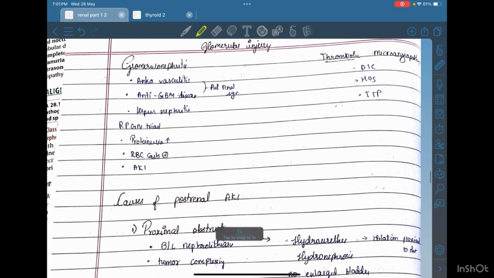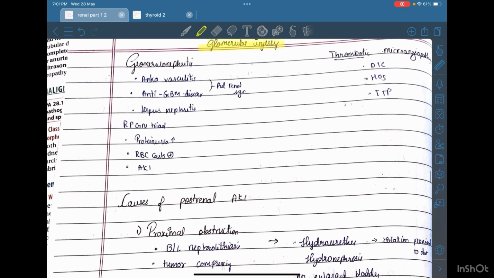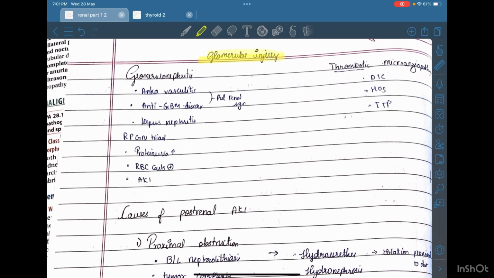Next is your tubular injury. It can be glomerulonephritis, right? Glomerulonephritis is mainly ANCA vasculitis, anti-glomerular basement membrane disease, and lupus nephritis. Then there is rapidly progressive glomerulonephritis.